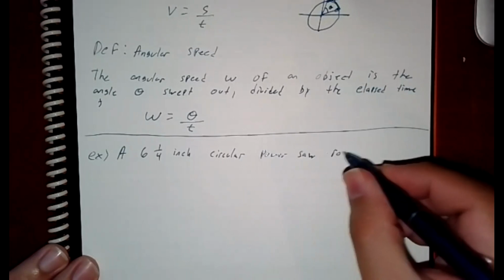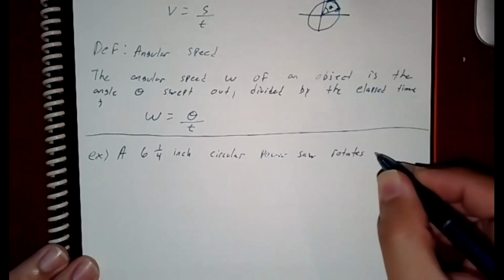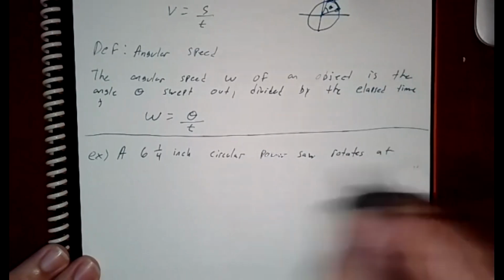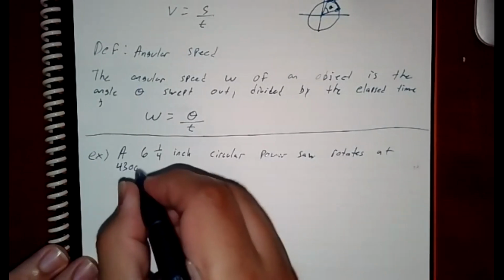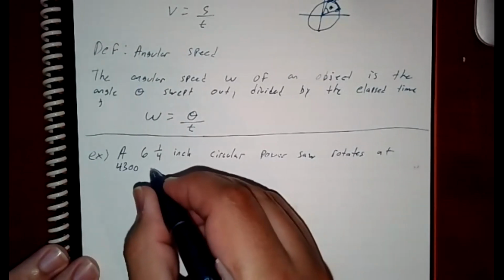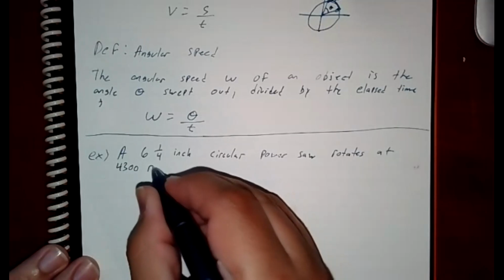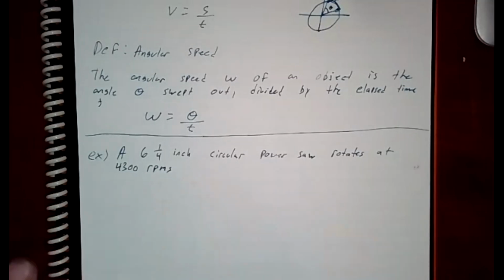Rotates at 4,300 revolutions per minute, so RPMs. That's how fast it's spinning around, right?